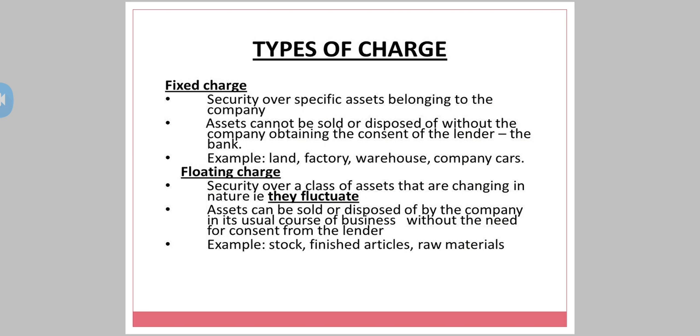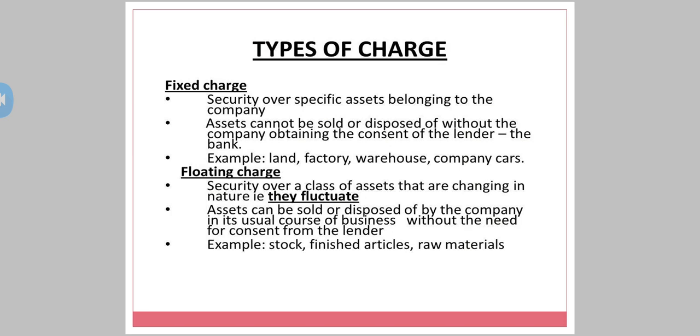The second one you have got is floating charge. Security over a class of assets that are changing in nature. The amount or the value fluctuates. Let's say the company has kept as security any property where the amount fluctuates.